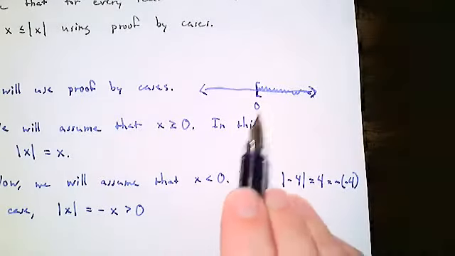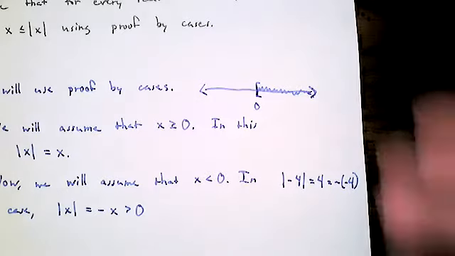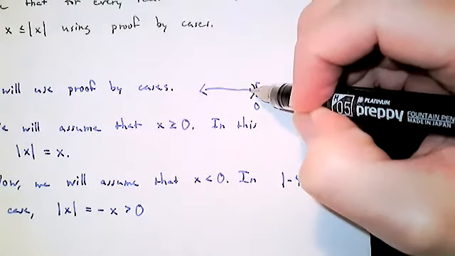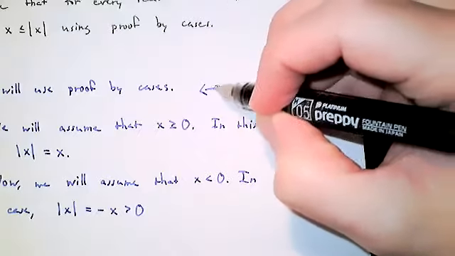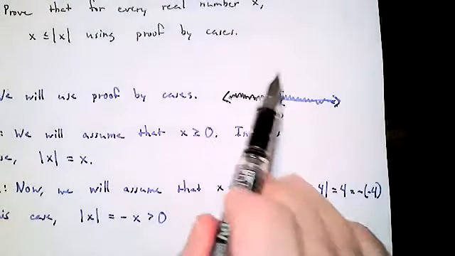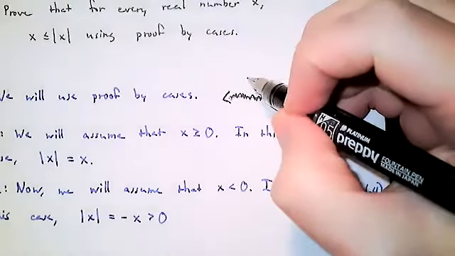That's where x is greater than or equal to 0. And if I only look to the left, this is the second case. So I've just divided up all of the numbers into two pieces.